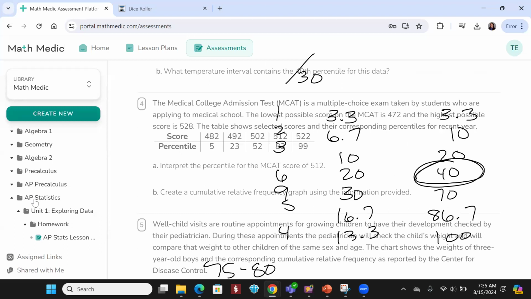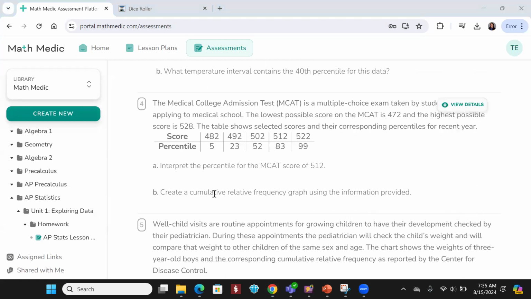Interpret the percentile of the MCAT score of 512. So they tell us that the lowest possible score is 472 and the highest is 528. Interpret the percentile for MCAT score of 512. So what is it?